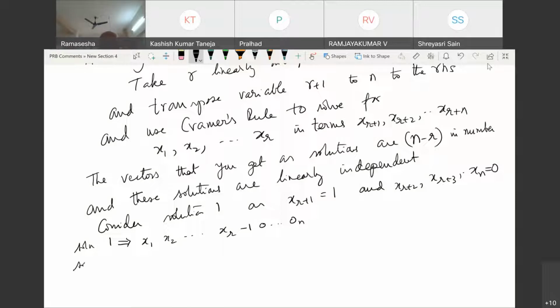Okay, so let me call this solution 1 as a vector, given by, let us say, Q1. Solution 2 is Q2.